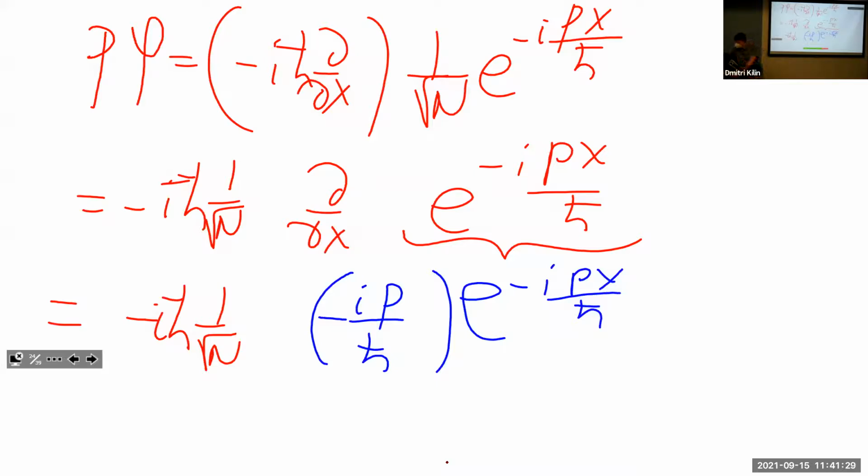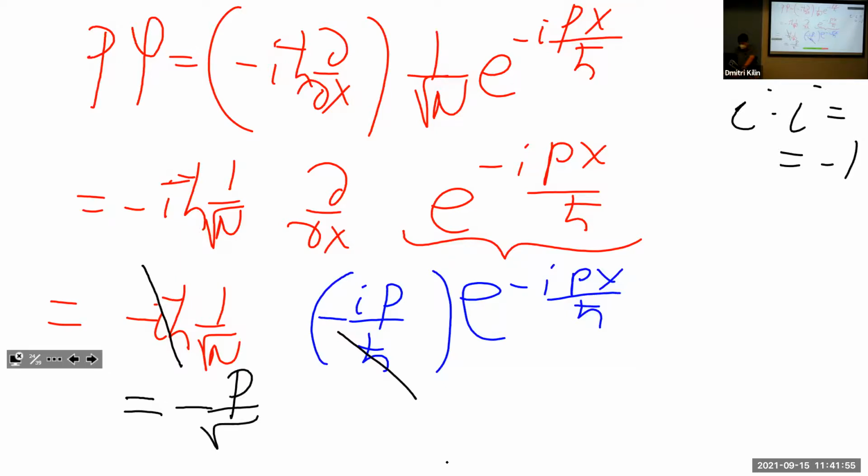Now we can practice cancellation. So h bar here and h bar there will cancel. And then we have i times i equals minus 1, and then we have minus, minus, minus. So it will be minus p divided by square root of n, e to the minus i p x over h bar.